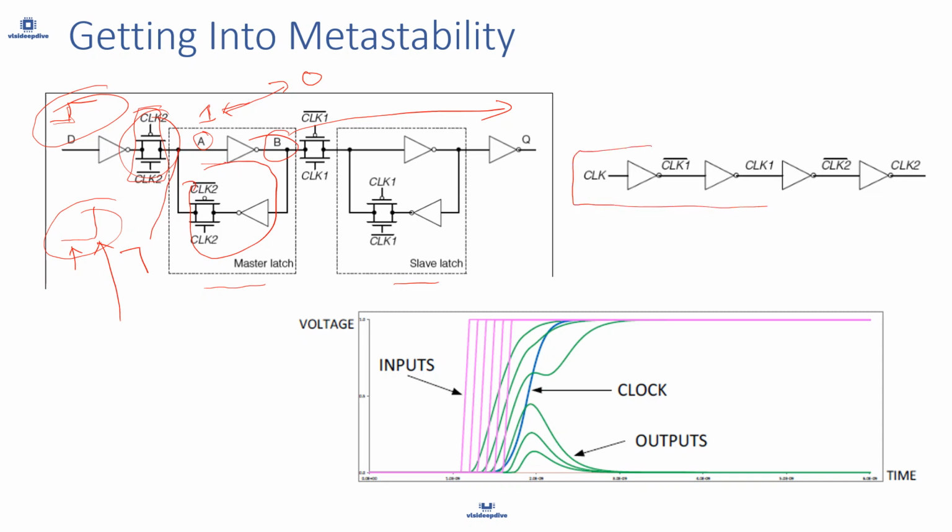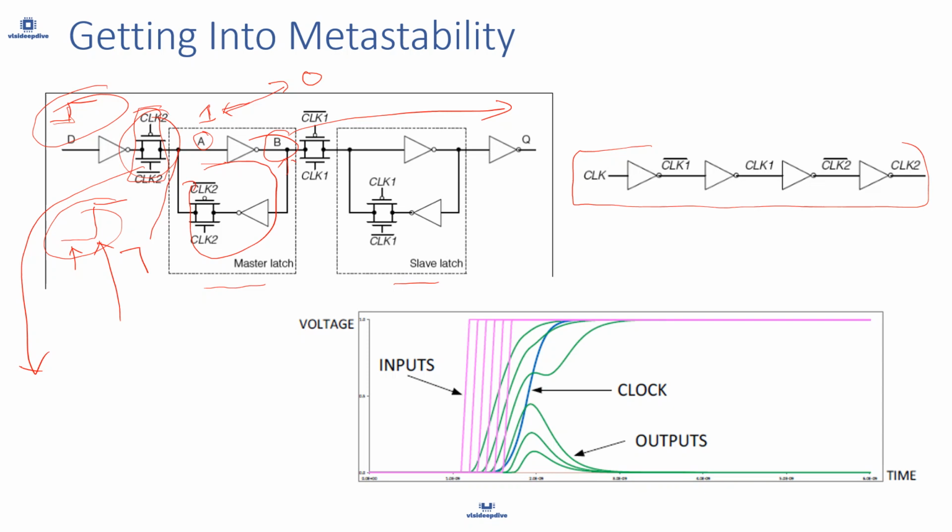Also the clock logic itself is not directly connected, there is some delay in the clock logic as well. Because of that, it takes some time for the value of B to stabilize. If the clock becomes 1 and this closes before B has stabilized, then metastability occurs.